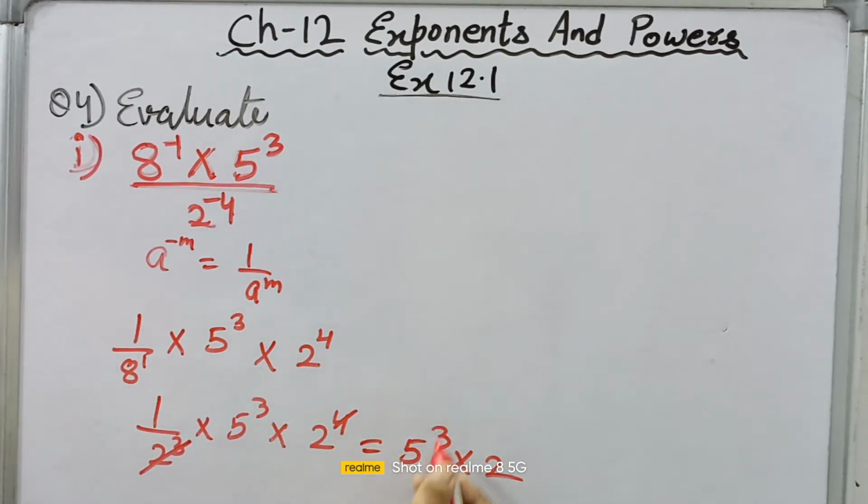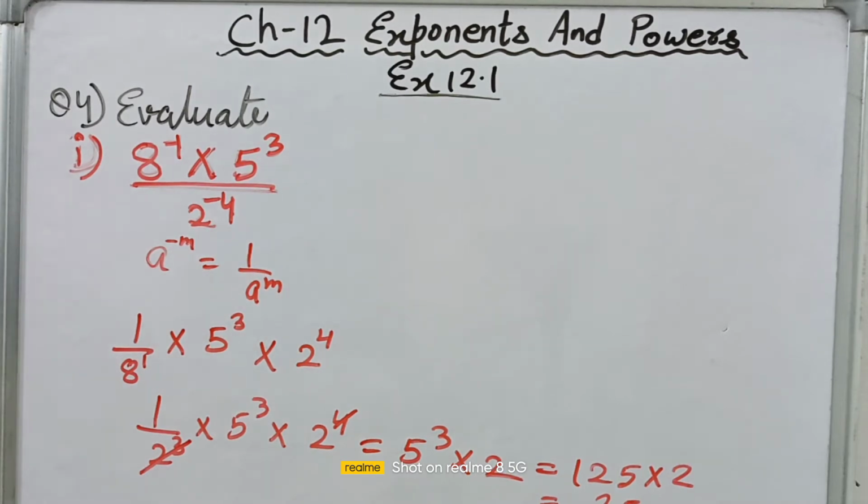Now what is the value for 5 raised to the power 3? It is 125, multiplied with 2. Multiply this and you will get your answer. 250 is the value for the expression 8 raised to the power minus 1 multiplied with 5 raised to the power 3, whole upon 2 raised to the power minus 4.